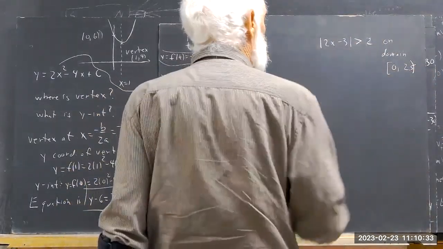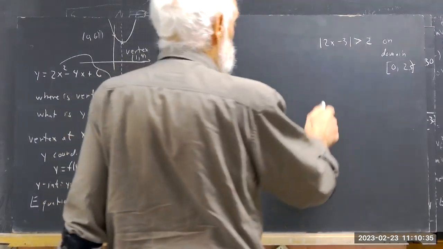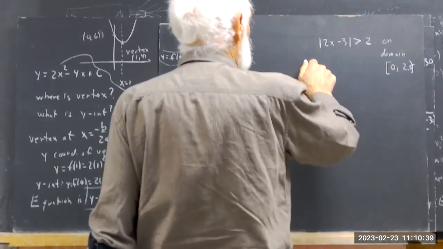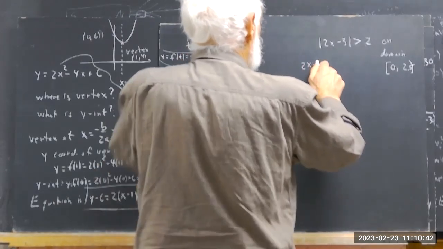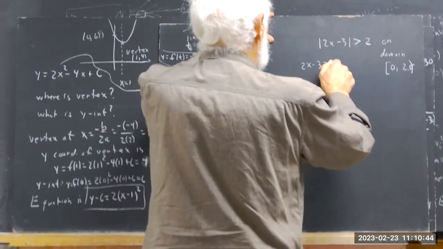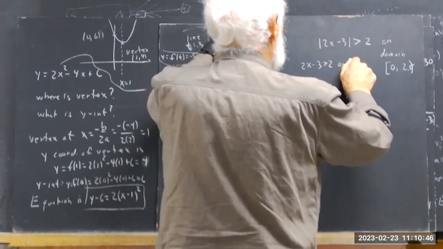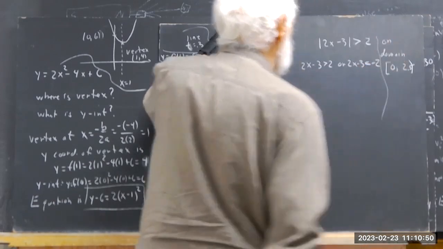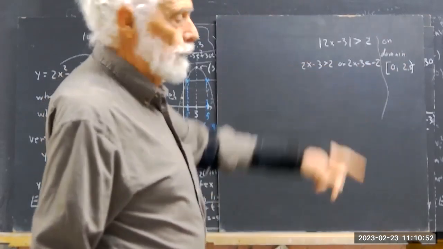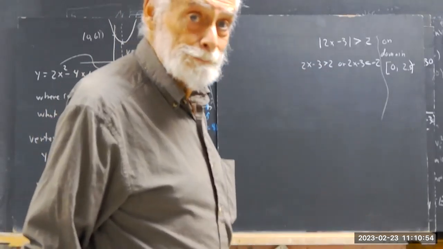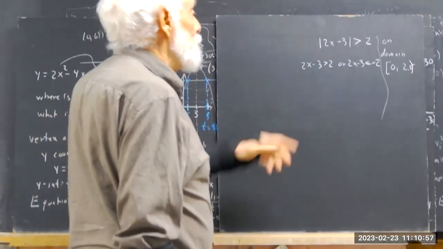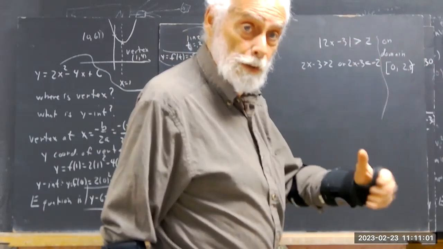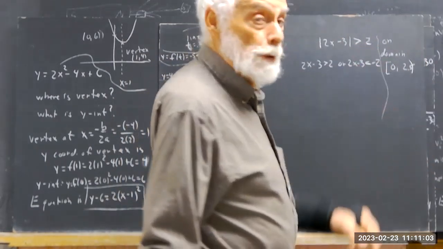Okay, well, solve this. The absolute value of something is greater than 2 if 2x minus 3 is greater than 2, or 2x minus 3 is less than negative 2. Because if the number is less than negative 2, like negative 3, negative 4, negative 5, the absolute value is going to be bigger than 2.